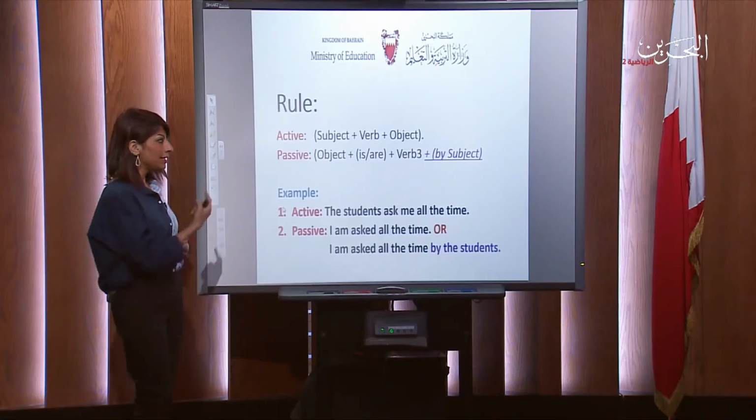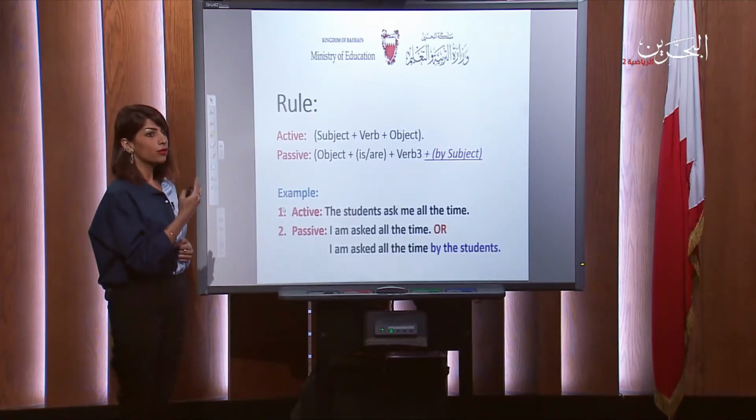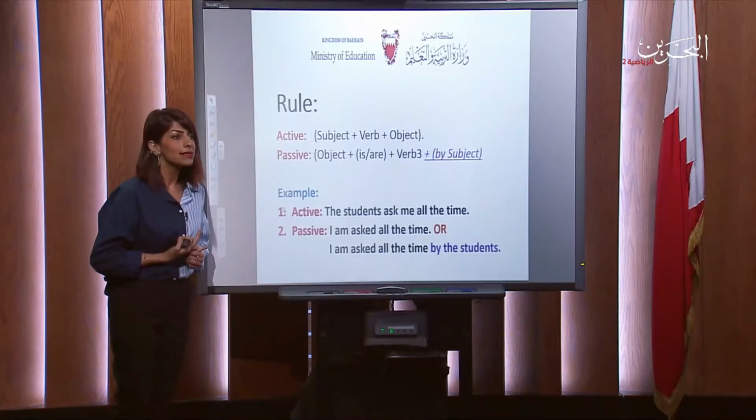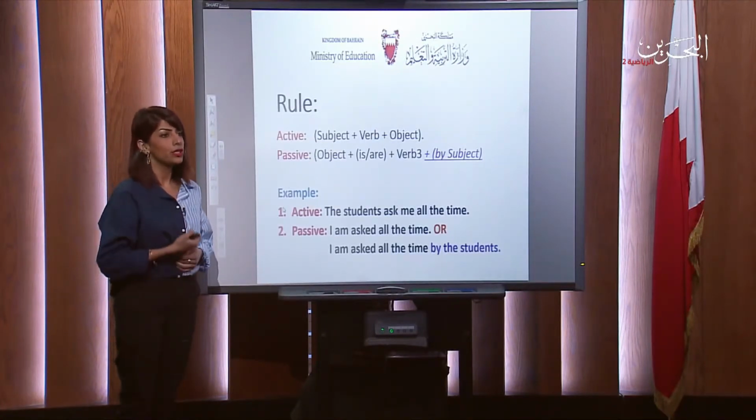Now, let's see the active form to start with. It's subject, verb, object, as I have already mentioned. But if we want to transform it or change it to passive, in this case, it is starting with the object, then I have to specify if it's is or if it's are, and this depends on the object itself. I am coming to the explanation later.